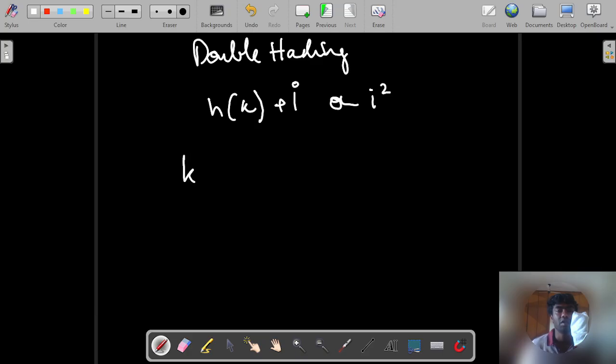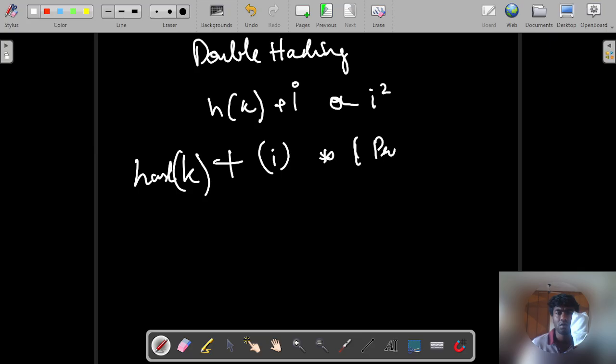In case of double hashing, we do it this way: hash of a key plus i into first prime number minus key modulus of prime number.